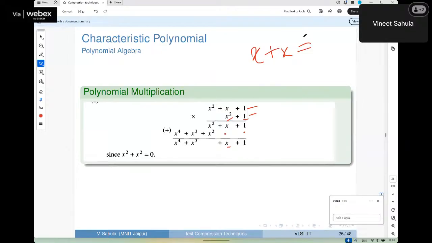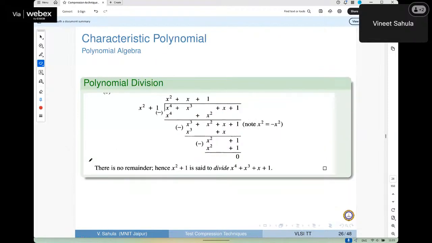Modulo 2 addition. X is any value out of 0, 1. So 0 plus 0 is 0, 1 plus 1 is 0. So x plus x is 0 always. Even if we have some power of x, this will still be 0. So x2 plus x2 will be 0. So the multiplication is this, modulo 2.